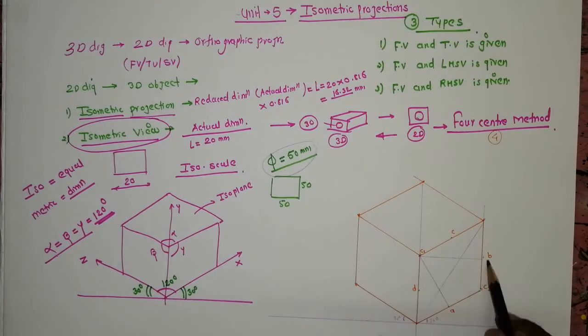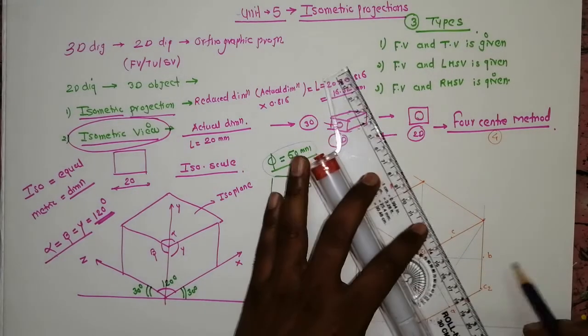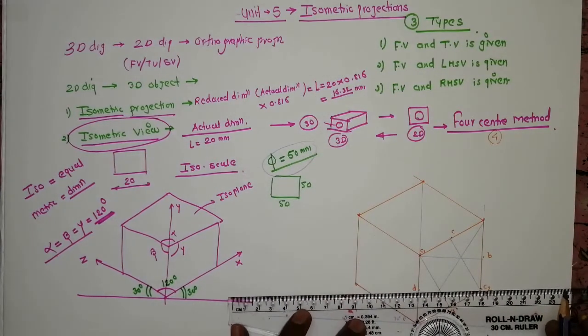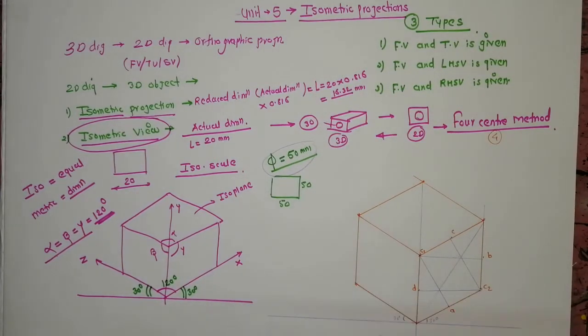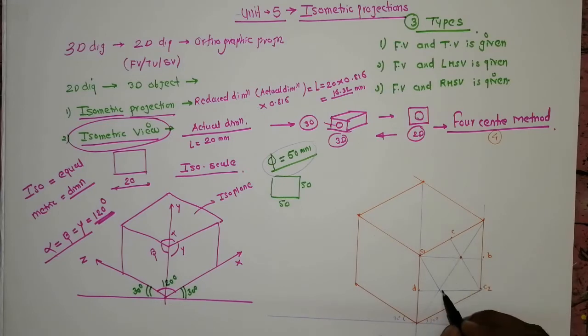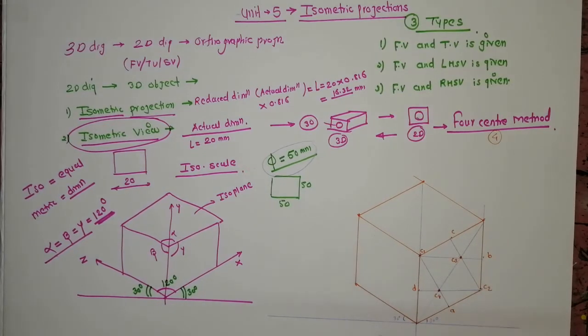From C1 the opposite midpoints are A and B. From C2 the opposite midpoints are C and D. Here this is C and this one is D. Now what we have done: from C1 we have joined the opposite midpoints A and B. From C2 we have joined the opposite midpoints on the other line. After that we get the common intersections on the diagonal. So name these as centers C3 and C4.